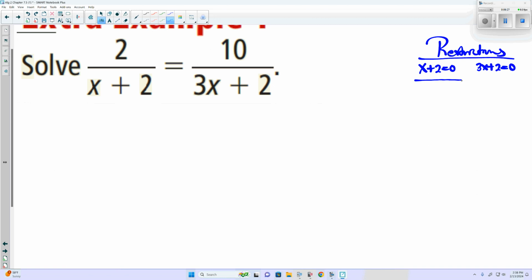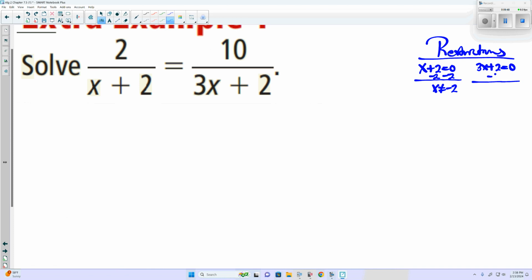Well, with our x plus 2, we can subtract 2 from both sides, telling us that x cannot be negative 2. Because if x is negative 2, our negative 2 plus 2 would give us a 0. It would give us a restriction.